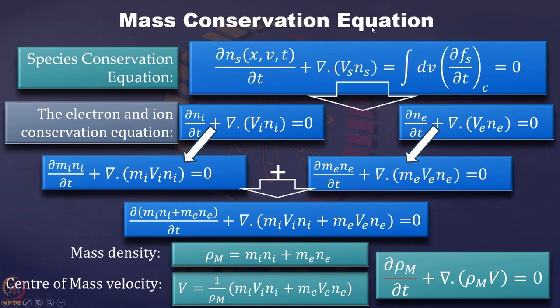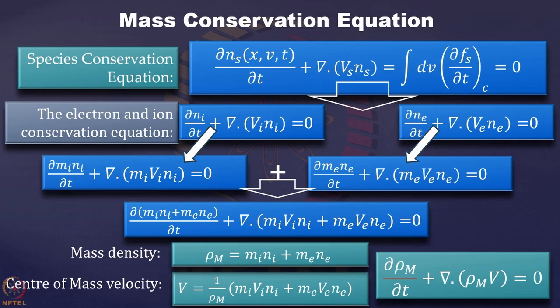And then we'll have a complete set of equations for the fluid model that will include the mass conservation equation, charge conservation equation, current continuity equation, then momentum conservation equation and energy conservation equation. You will see that this forms a complete set of equations. Basically, they will form the standard Navier-Stokes equation, including the electromagnetic terms which appear only because the plasma is a current carrying fluid, which normal fluid like water is not.